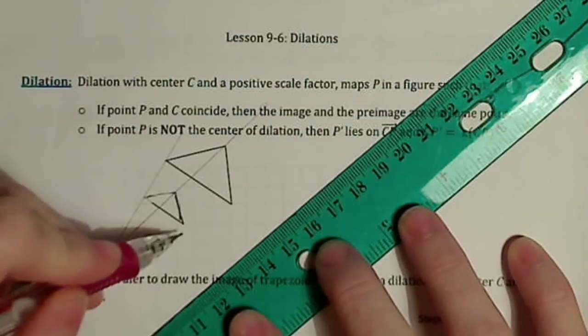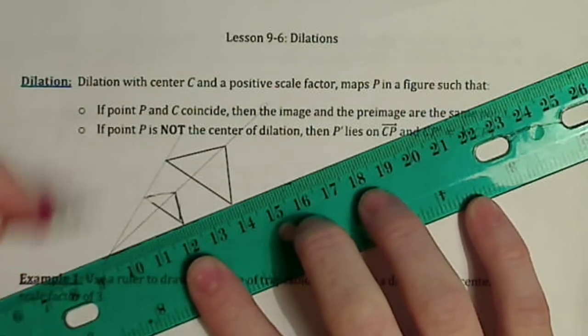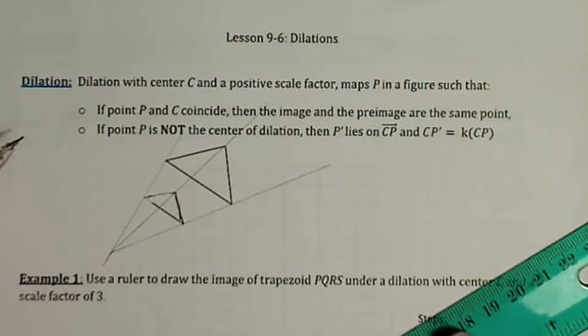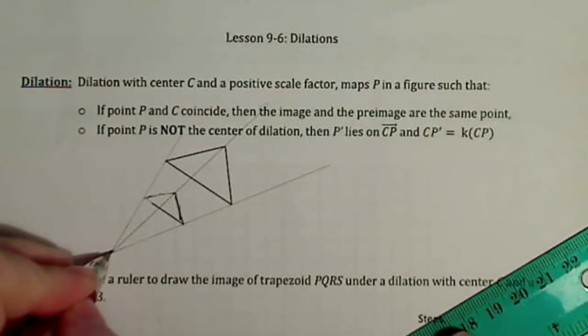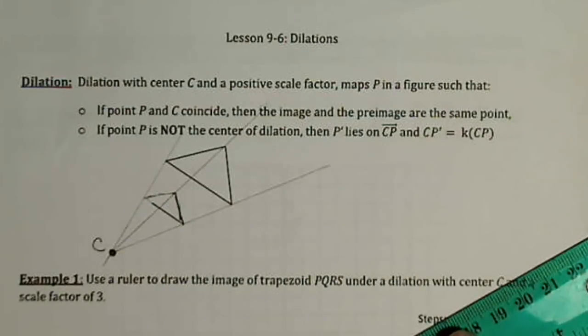Okay, let's do this last side over here. Line it up. And hey, you see how they all meet down here? This point is C, the center of dilation. That's how I made my figure bigger.